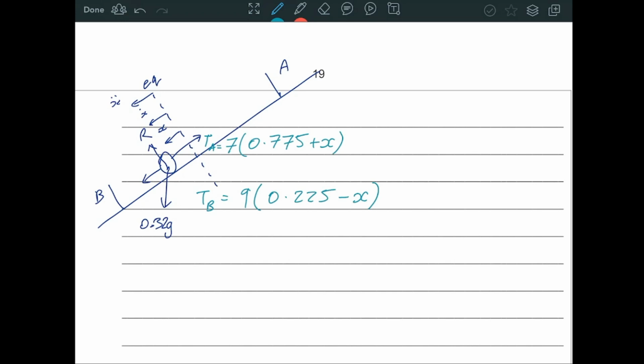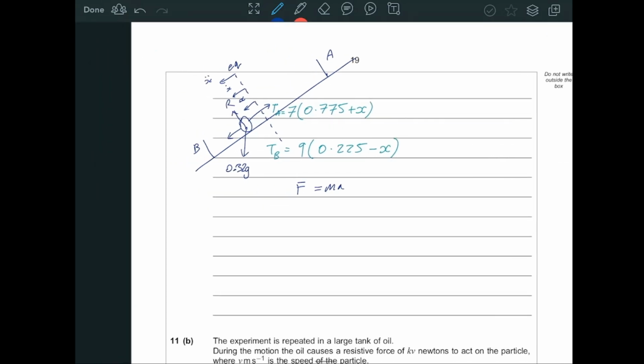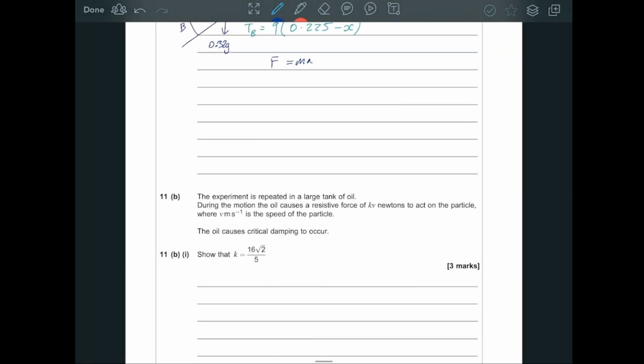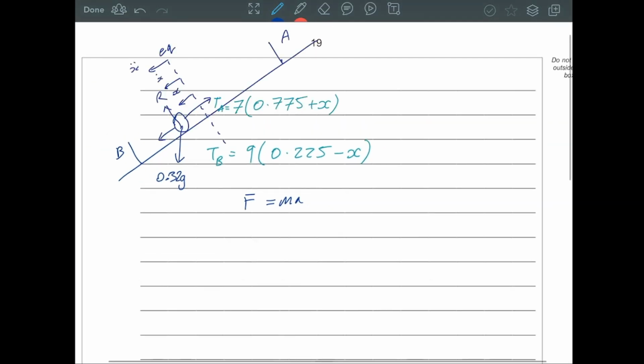Am I missing anything in the picture, or can I F equals MA it straight off? I think I have everything. So let's go with F equals MA. The mass was 0.32, I remember that. Now I do want to take this way to be positive this time, because that's the direction the acceleration is in, and all the x's are in.